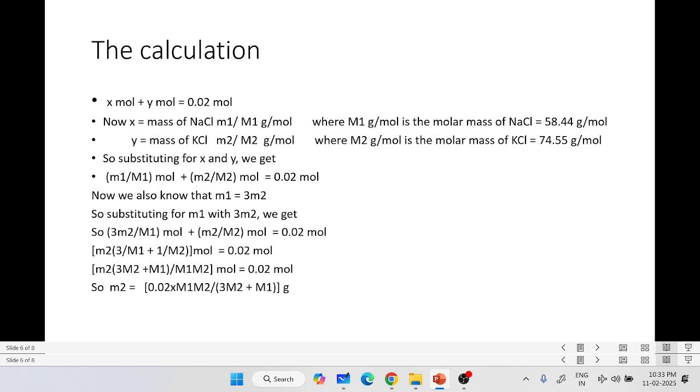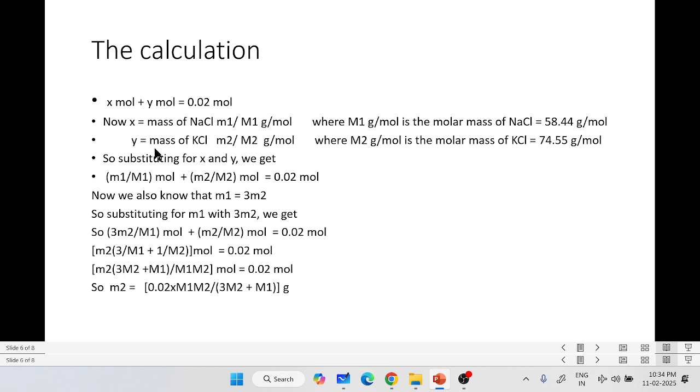Now we know that X, the number of moles of NaCl, is equal to the mass of NaCl, which is M1, divided by its molar mass, capital M1, which is 58.44 grams per mole.